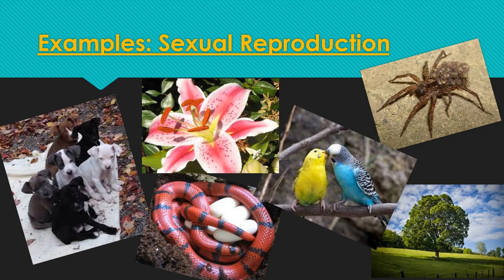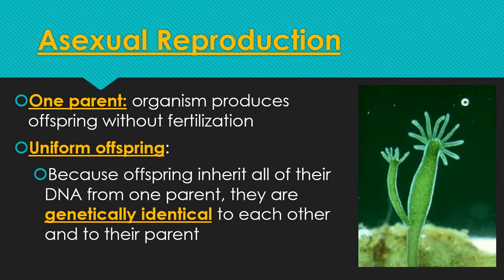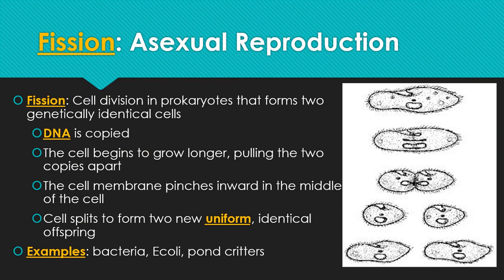Next, for sexual reproduction, these are examples in dogs, plants, birds, some reptiles, arachnids. Asexual, one parent. Tandaan, uniform offspring, because it's genetically identical. This is for fission.